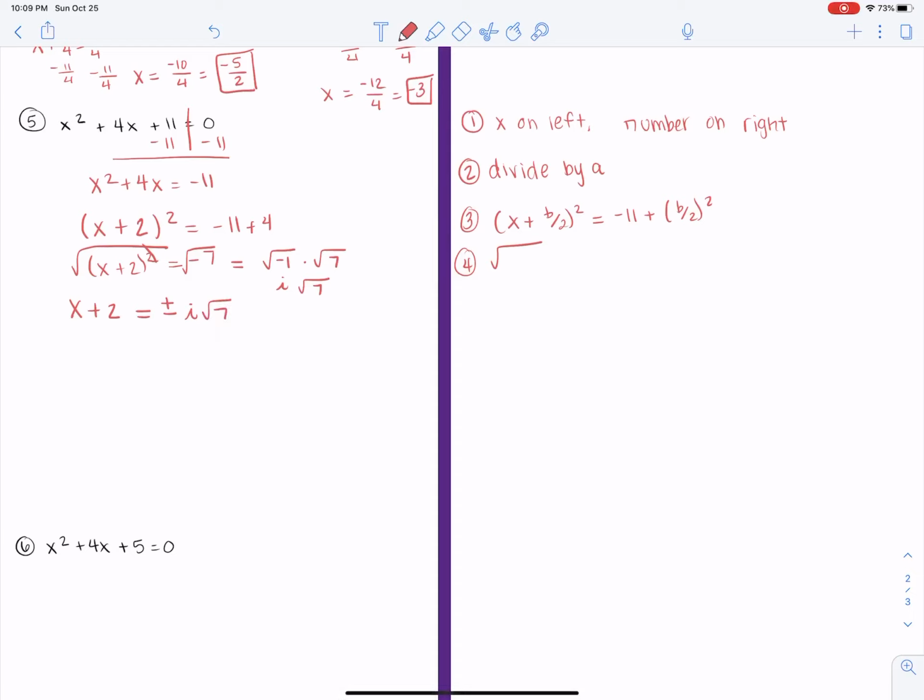Okay, so now I can take x plus 2 equals the positive i square root of 7, or x plus 2 equals the negative i square root of 7. So when you subtract 2, you get x equals -2 plus i square root 7, and over here, you get x equals -2 minus i square root 7.